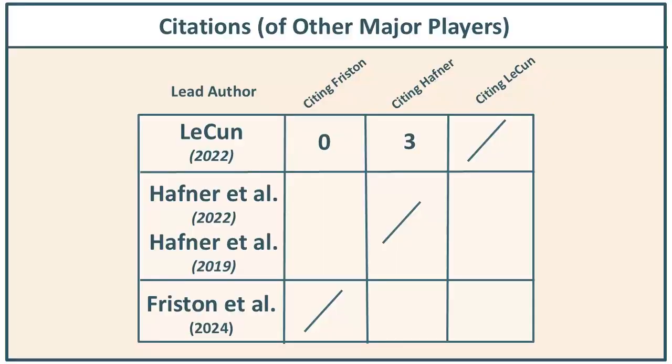He has 3 citations of Hafner's work. It's very congenial of him. Not a single one for Friston. Let's go on to Hafner.